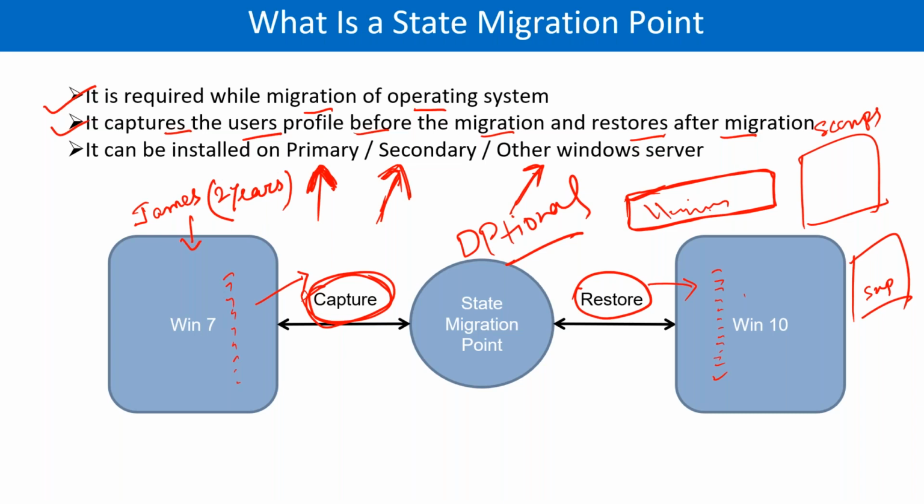After formatting the system, it will restore to the same C drive user profile, or it will dump into the D drive or somewhere. The profile data keeps the same structure: if it was captured from the C drive, it will be put in the C drive itself, in the same location, same registry, everything the same.